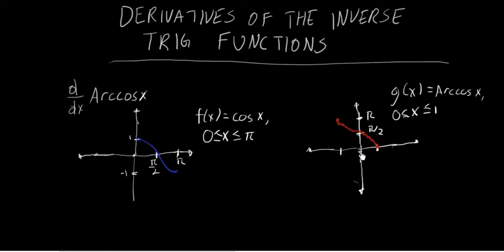And the domain of the principal arccosine corresponds to the range of the cosine. So the range of the cosine is between 1 and -1, or -1 and 1, and the same is the case for the domain of the arccosine.